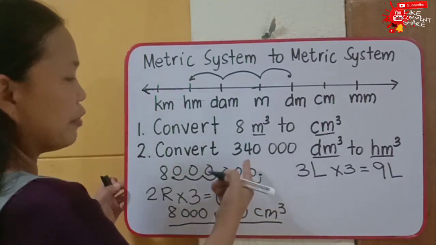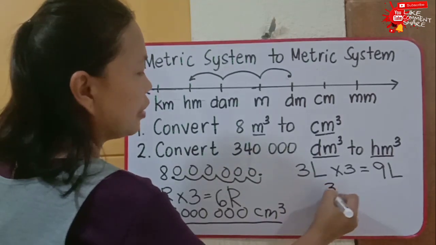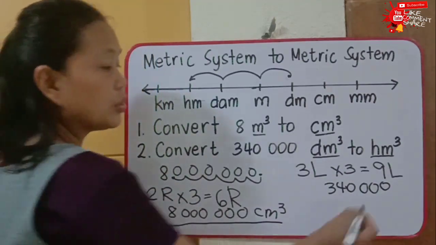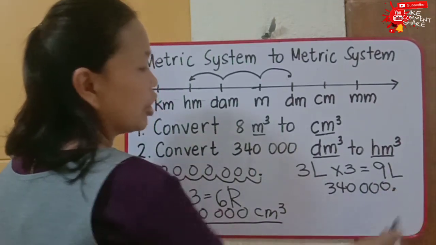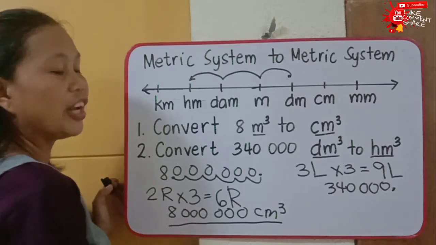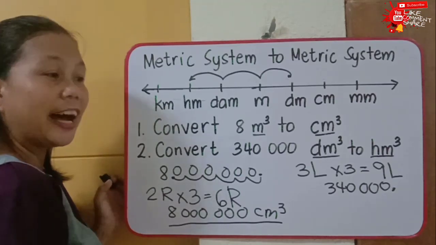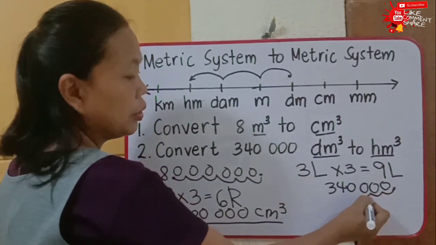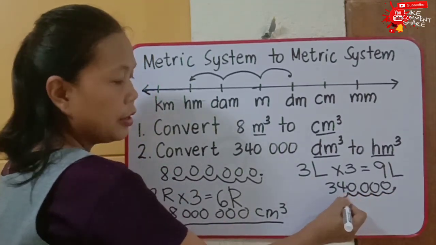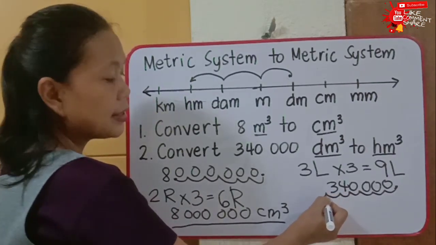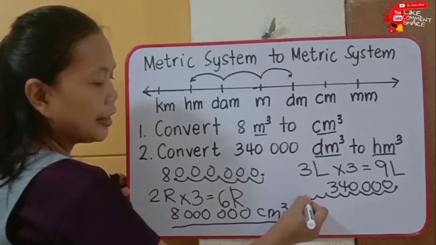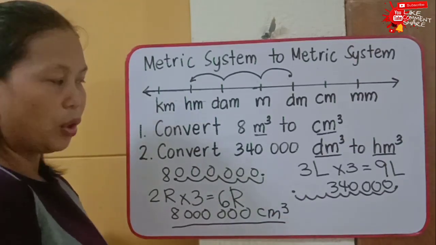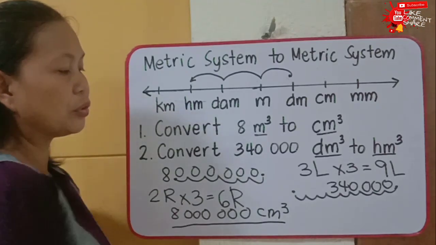Okay? So we have here the number 340,000. And since this is a whole number, again, this will be the location of the decimal point. So let us move the decimal point 9 times to the left. So we have here 1, 2, 3, 4, 5, 6, 7, 8, 9. So this will be the new location of the decimal point. So we will put zeros in those spaces.